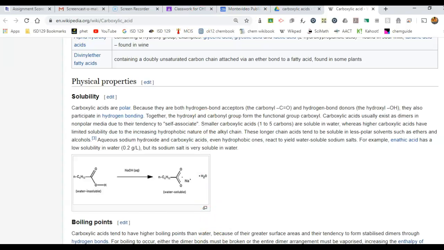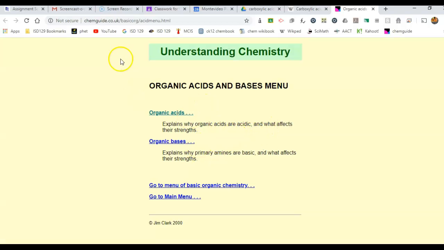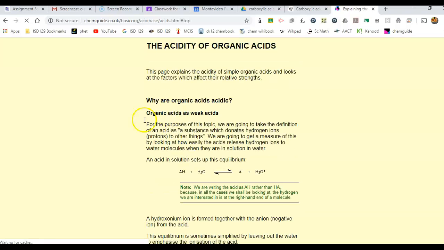Let's also take a look at the Chem Guide. Now, if you are ever stuck on any chemistry topic at all, general chemistry, organic chemistry, any chemistry at all, this Chem Guide, although it's put out of the United Kingdom, and they talk about their end-of-year standardized tests, it's a great site for all sorts of things. And they're going to go through here and talk about these organic acids as weak acids, meaning they don't dissociate very much.